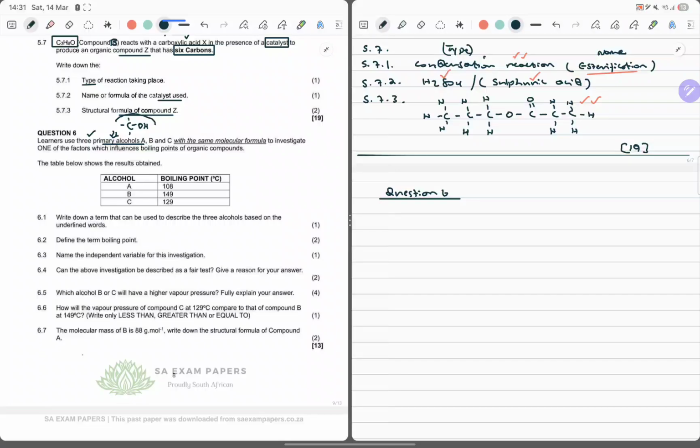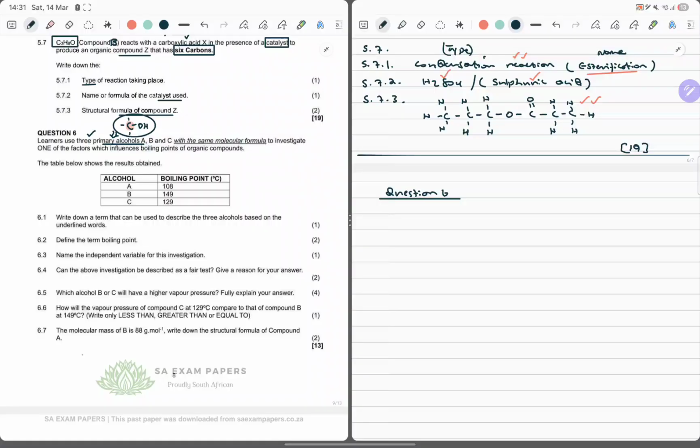That's the message. So it means this carbon is not a secondary carbon. The carbon here is a primary carbon, meaning it's bonded to one other carbon only. It is not bonded to 2 or 3 other carbons. So know these definitions, guys.